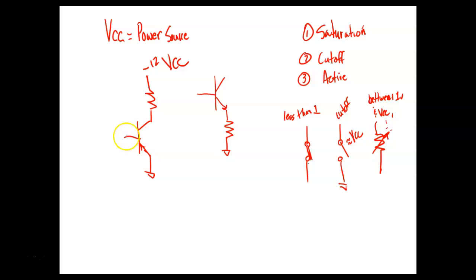If I come over here like we did before and put plus 5 volts, then this guy right here would be called VCC. Of course it would. Plus 5 volts would work, just as minus 12 did.